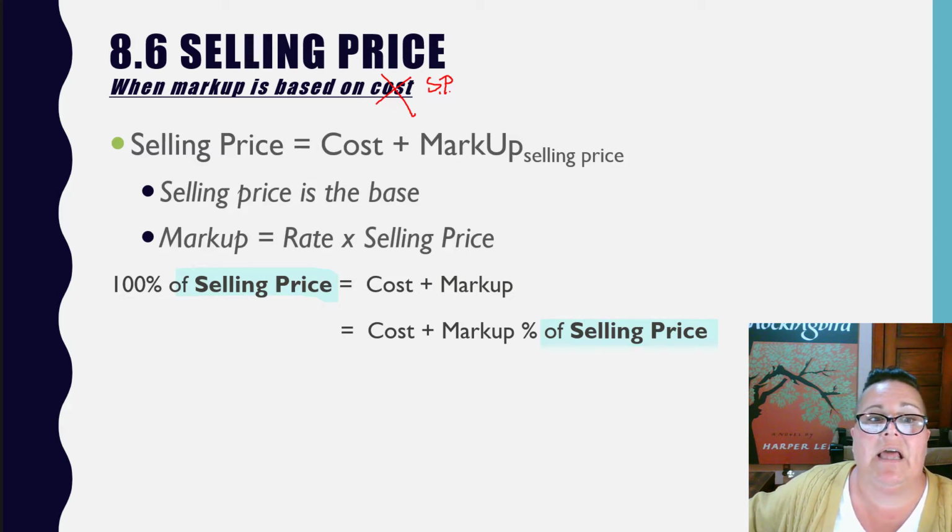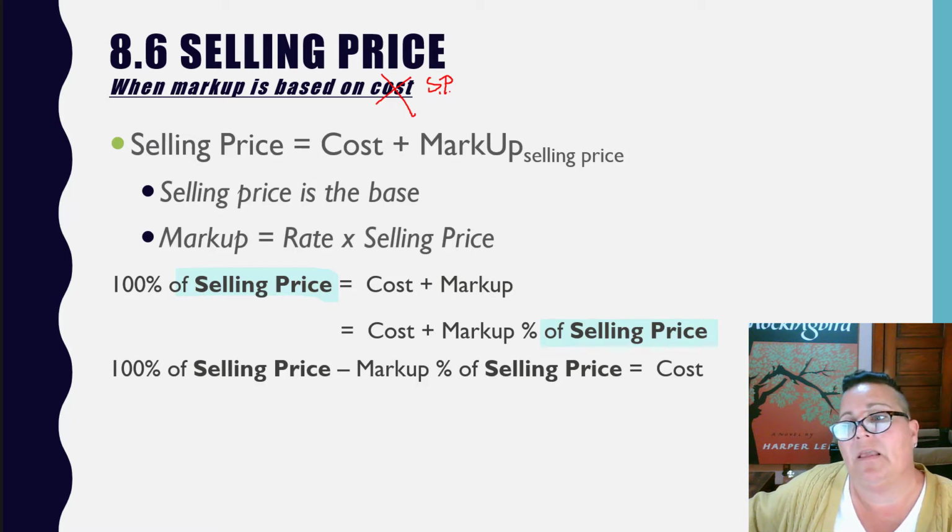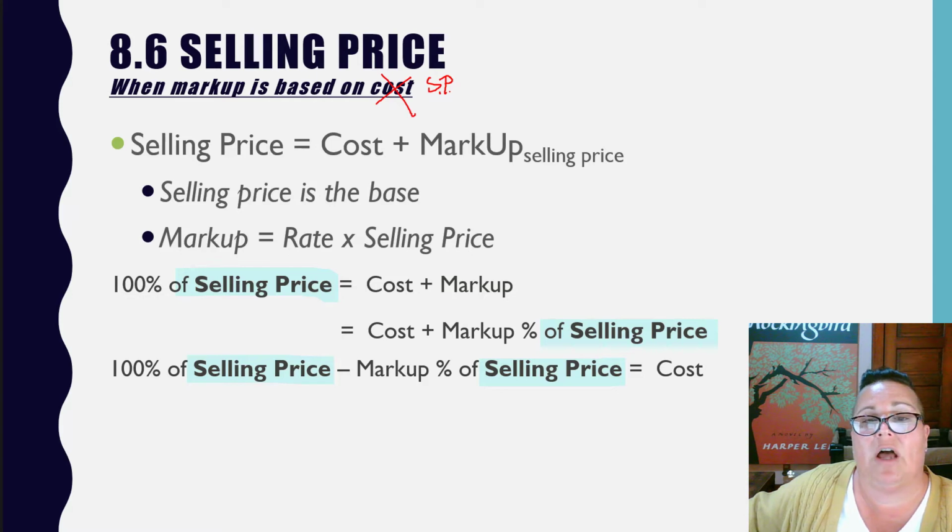I'm going to sneak a little algebra in here, and I'm going to subtract the markup percent of selling price from both sides of my equation so that I have the selling price then on the same side of the equals. I've got 100% of the selling price and the markup percent of the selling price. And if I subtract those, I get a cost.